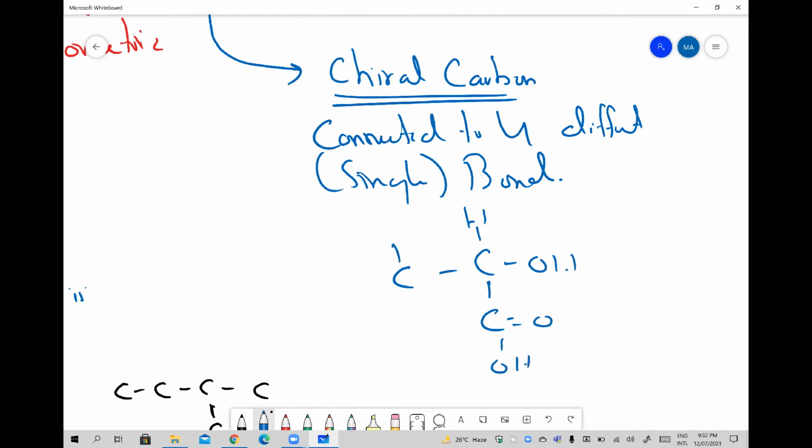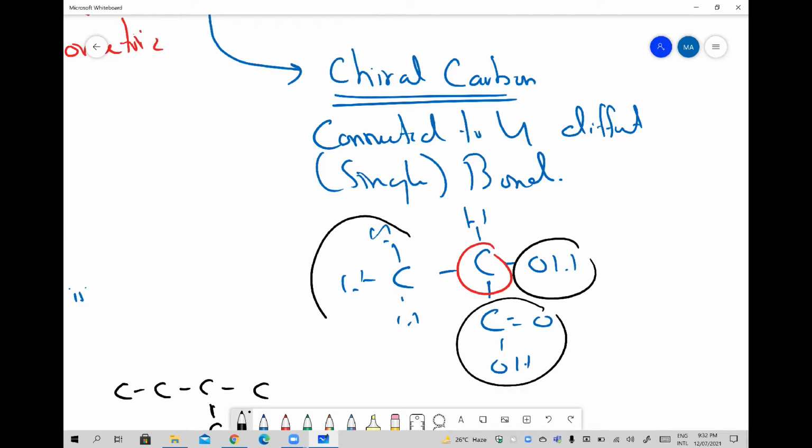So this central carbon is connected to OH on one side, to C double bond OH on the other side, to CH3 on one side and H on one side. So this central carbon has 4 different groups and 4 single bonds. This is known as a chiral carbon.